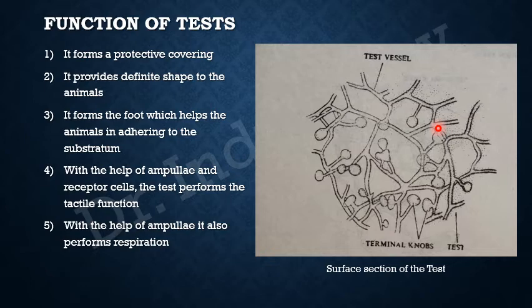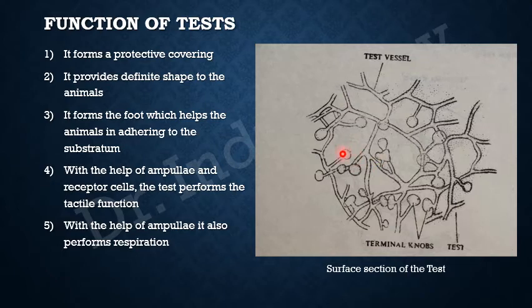Like if we take a Herdmania and we just observe its test from the surface, and suppose the test is transparent, the matrix is not having many residue materials embedded in it, and it is transparent. So if it is transparent, then we will see the structure like this.